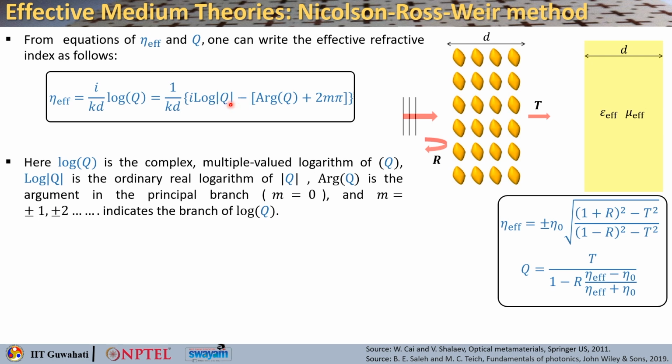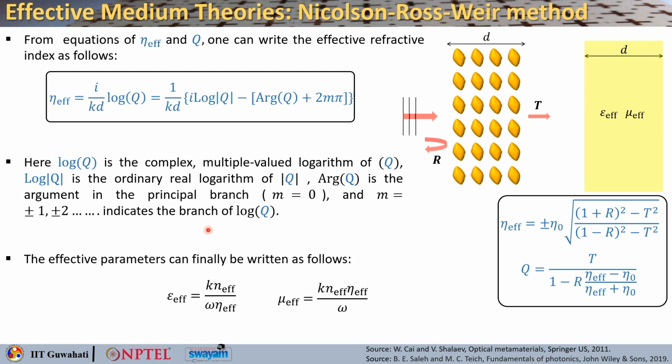This is basically the ordinary real logarithm of the modulus of q. Argument is basically giving you the principal branch, that is when m equals 0, and then m can give you the other integer branches as well. So, you can also have plus minus 1, plus minus 2, which are basically indicating the branch of log q.